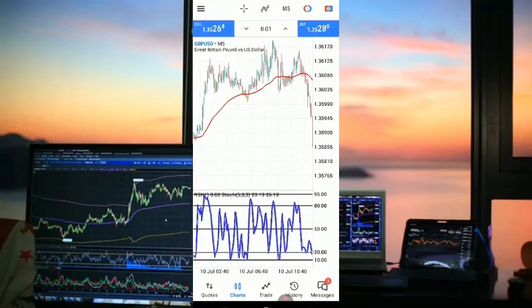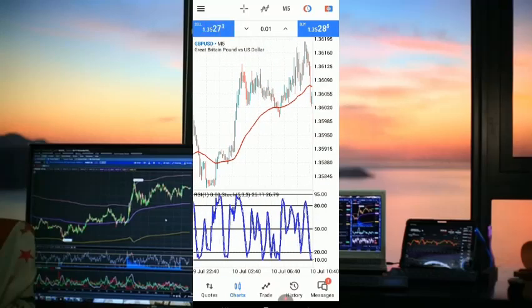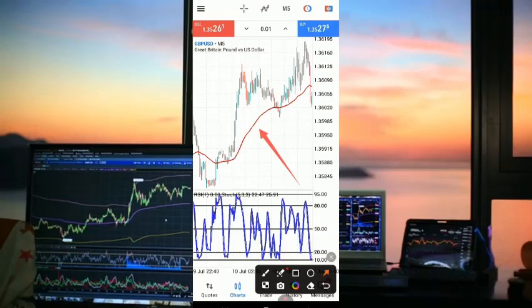So the first confirmation that you're going to make over here is that you are going to use the moving average. The moving average is going to operate in two ways. Simply put, when the moving average is below the price movement, as you can see over here, it means that there is an uptrend.